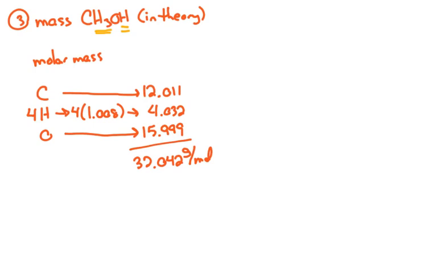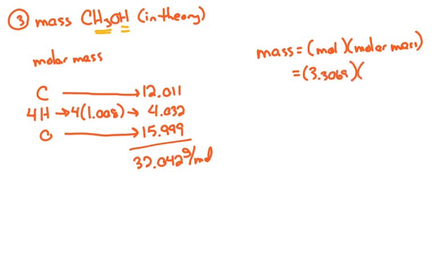And now that we know the molar mass of methanol, we can find the actual mass that we should have produced. Again, going to the mole conversion chart, mass equals the number of moles multiplied by the molar mass. So we should have created 3.3069 moles.